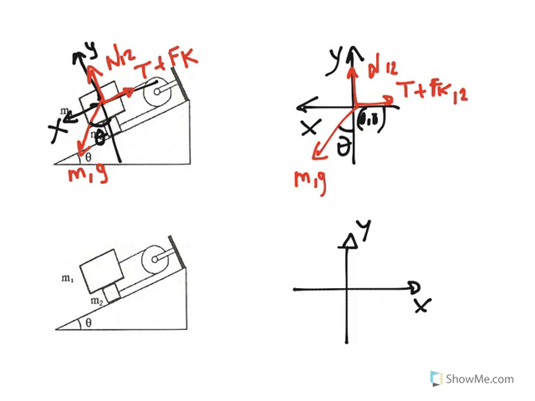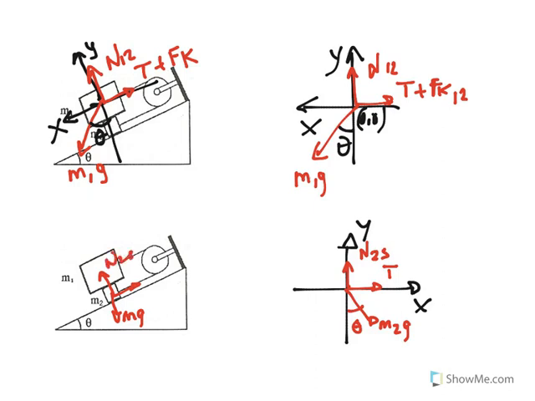First, the mass times gravity, which goes towards this direction, mass 2 times gravity, with the angle theta once again from the y-axis. We have the tension towards the direction of the string. And now a normal force. This normal force is between mass 2 and the incline plane. We call that a surface, for instance.